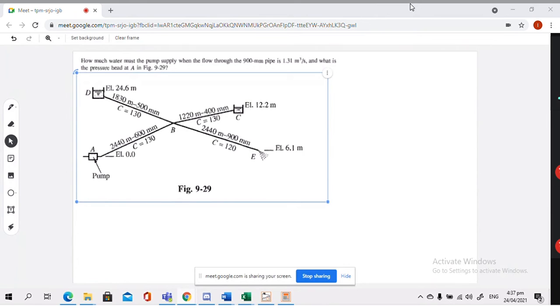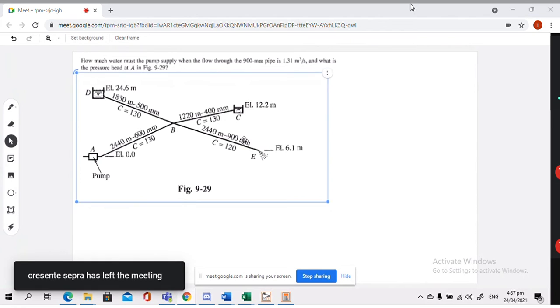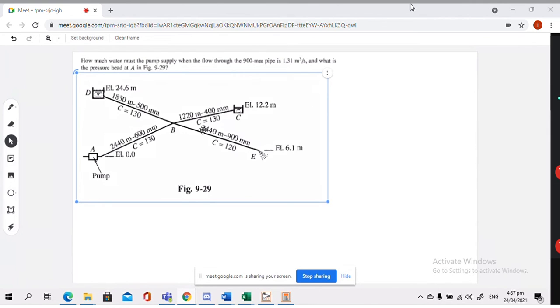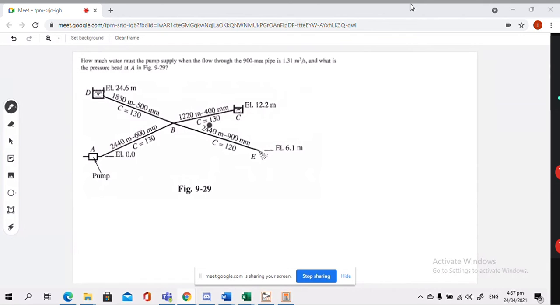It's the same. Okay, how much water must the pump supply when the flow through 900 mm pipe is 1.31 meter cube per second? What is the pressure head at A in figure this one? So, okay. Kani kay murag masayon eh.